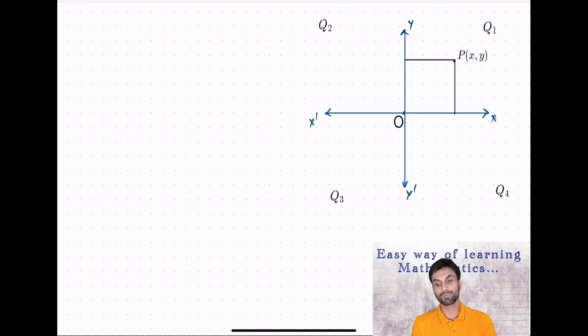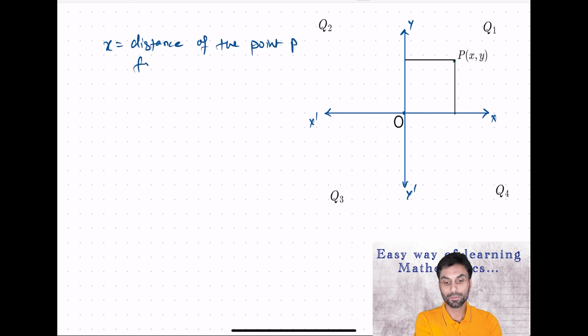Moving to the next part, where we'll talk about a point. When you plot a point, we know that it will have two coordinates, the x coordinate and the y coordinate. So here, the x coordinate of the point P is the distance of the point P from the y-axis, and this is a perpendicular distance.